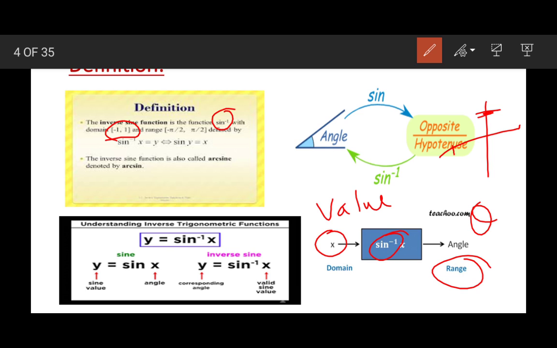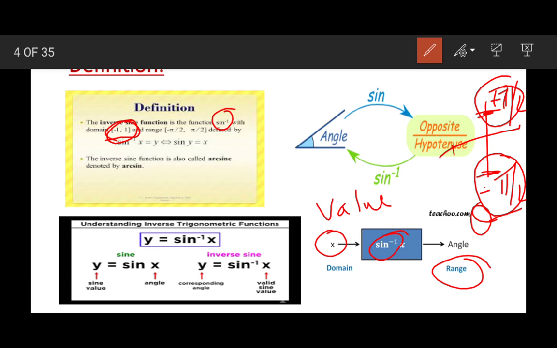When theta is 180 degrees, it is 0. When theta is 270 degrees, sine 270 degrees is -1. So the domain for sine inverse is -1 to 1, and the range is -π/2 to π/2.